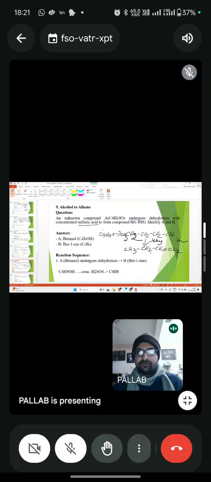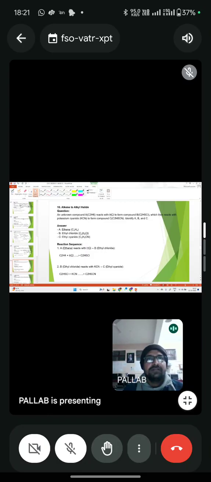This product will be formed. Let's check the formula: 4 carbon, 8 hydrogen. So in this way we'll convert or find out the A. Okay, let's go to the other question.